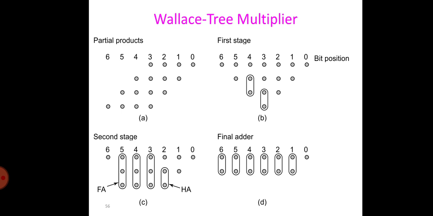Only 3 FAs and 3 HAs are used for the reduction process, compared with 6 FAs and 6 HAs in the carry save multiplier. So the final stage consists of a simple two input adder, for which any type of adder can be used.